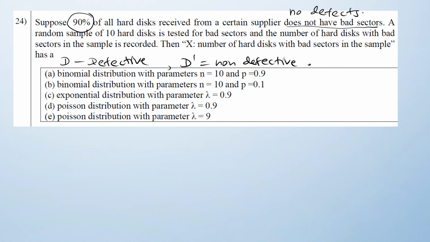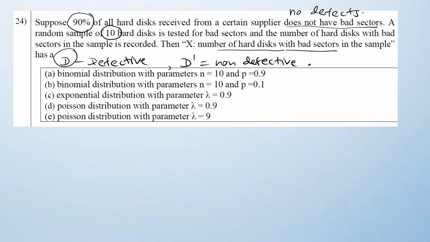A random sample of 10 is tested for bad sectors and the number of hard disks with bad sectors in the sample is recorded. The random variable X is defined as the number of hard disks with bad sectors, with defectives.